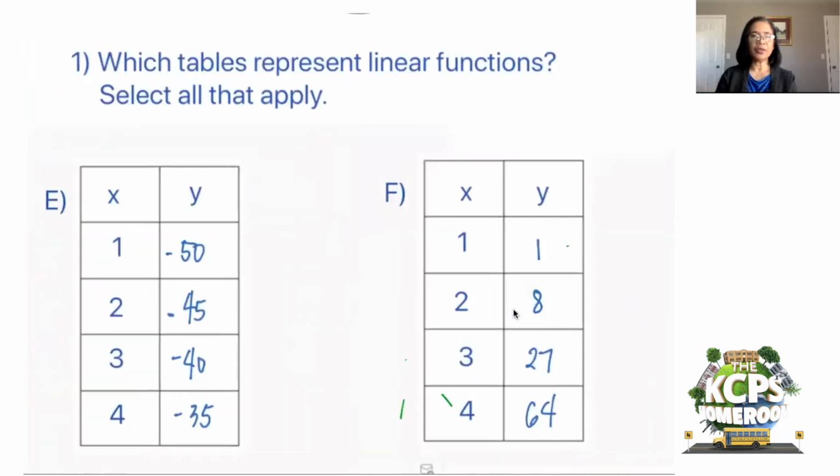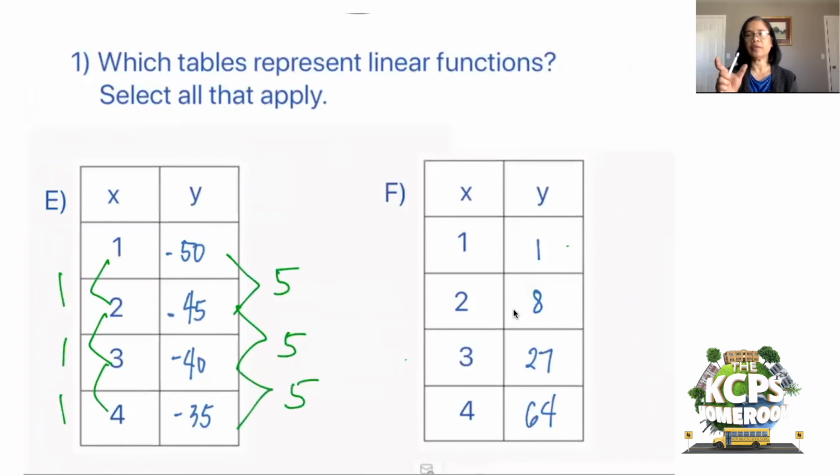About the last two, I'll give you a moment to try this on your own first. Get your pen, get your notebook. Let's see if we arrive at the same answer. Okay. Again, you have here equal differences. Let's look at the difference. From negative 50, if you move to negative 45, there is a 5-unit difference. 5 and 5.